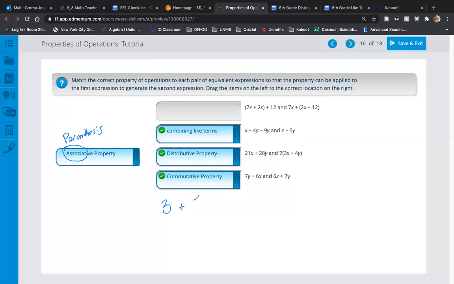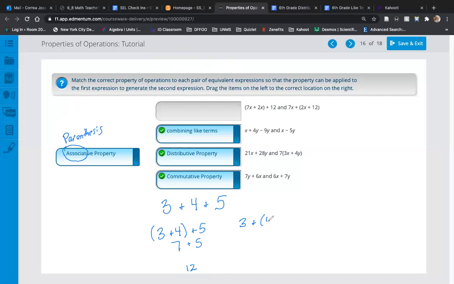Let's say I gave you the expression 3 plus 4 plus 5. So addition and multiplication both have the associative property. So if I was to try and add these up, I could either first do it like this. I can add, okay, so 3 plus 4 gives me 7 plus 5. 7 plus 5 is going to give me 12. Or I could do it like this.